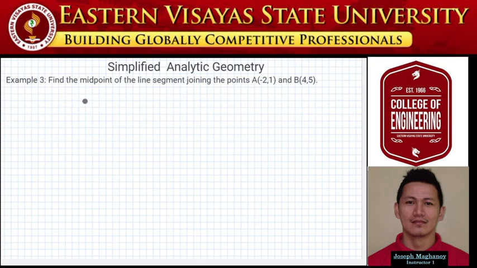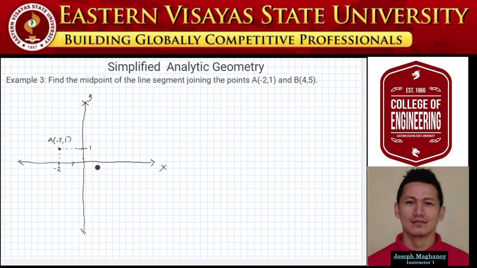So if we have given points, A is negative 2, 1, 2. And for your y, 1. So these are A, negative 2, and 1.